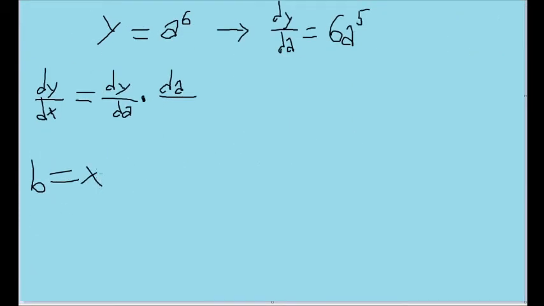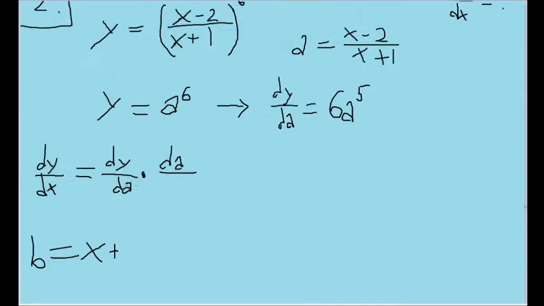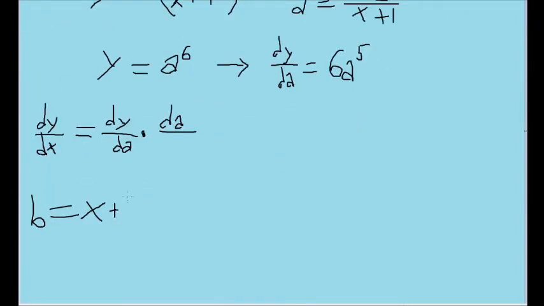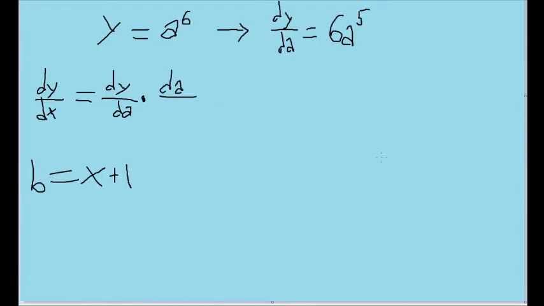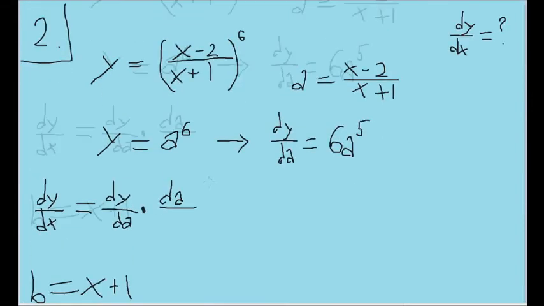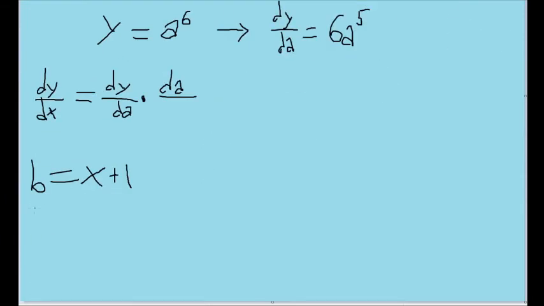Because if we have a single variable in the denominator, then we'll be able to expand the numerator with more freedom, as per our algebra rules. So if b is equal to x plus 1, then by the same token, x will be equal to b minus 1, because we get that by subtracting 1 from both sides to solve for x.